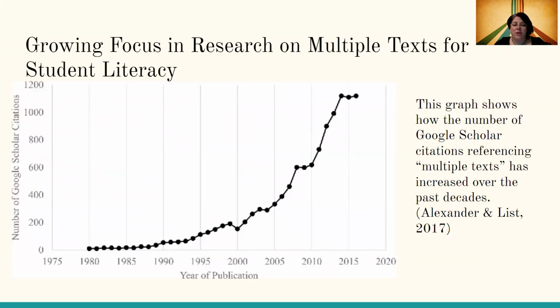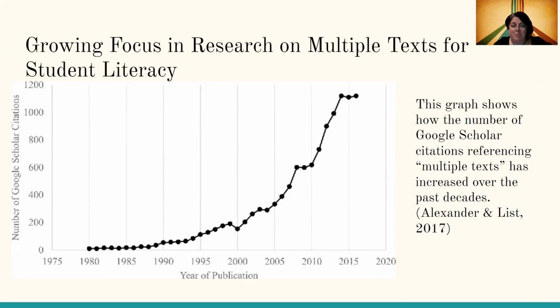It's really interesting to look at the use of multiple texts over time in education. This graphic is showing the number of Google Scholar citations, so research papers in education that reference the use of multiple texts in student literacy. You can see back in the 1980s, there was really none. And I looked at around 2001, which is when I graduated high school.